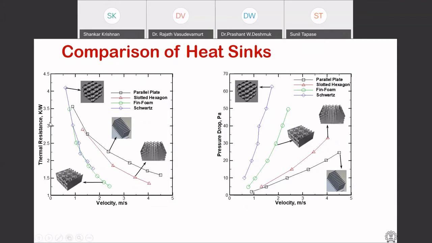What I'm showing here is thermal resistance versus velocity. As you can see, at a fixed velocity, there are two main classifications: the parallel plate geometry and honeycomb with slots are close to each other, while the separating flow and the foam-based heat sinks are quite close to each other.